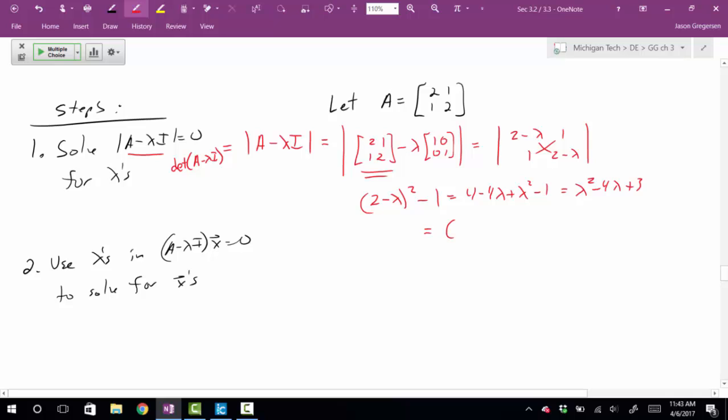That factors into (lambda minus 3)(lambda minus 1). And the whole idea is trying to find the lambda values that make that thing equal to 0. So what are the eigenvalues here? The eigenvalues are 1 and 3.